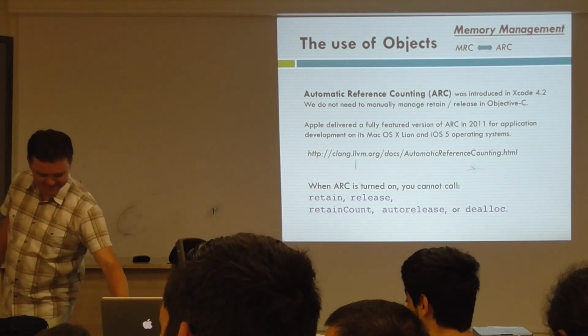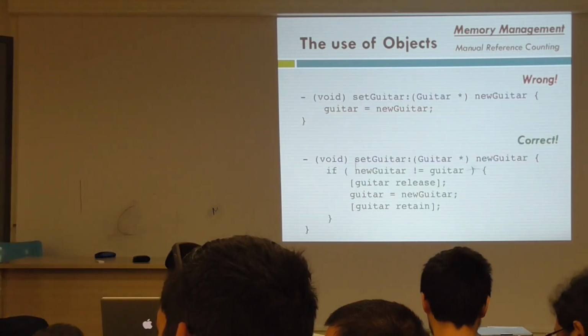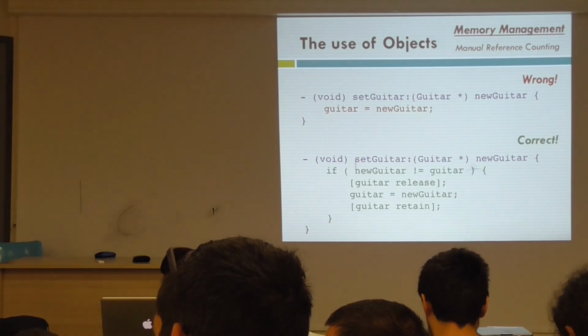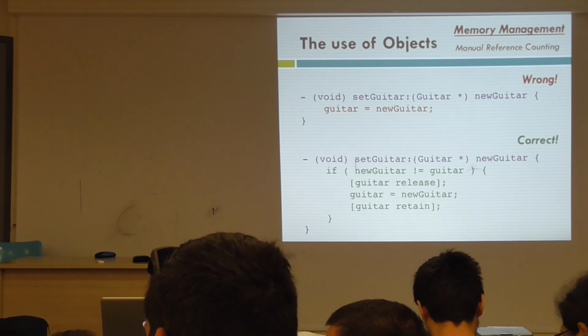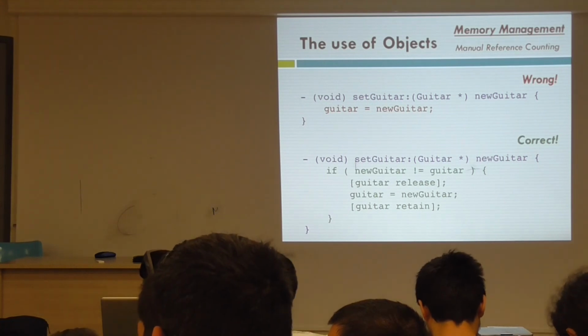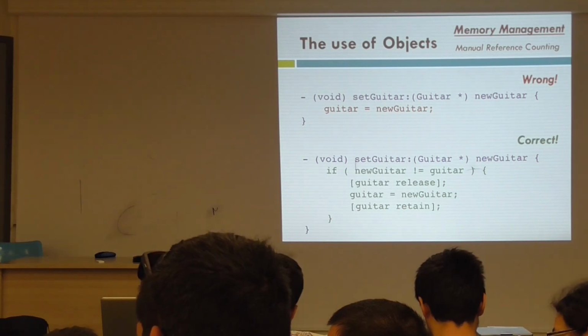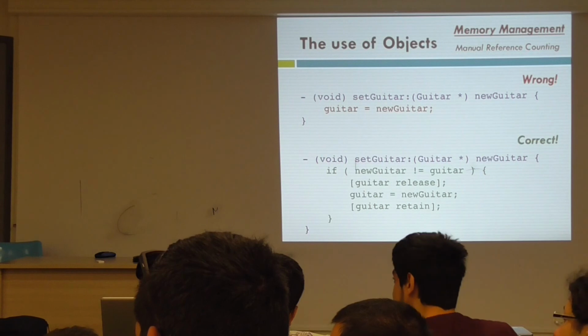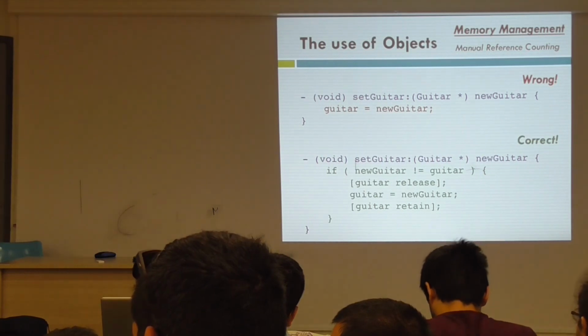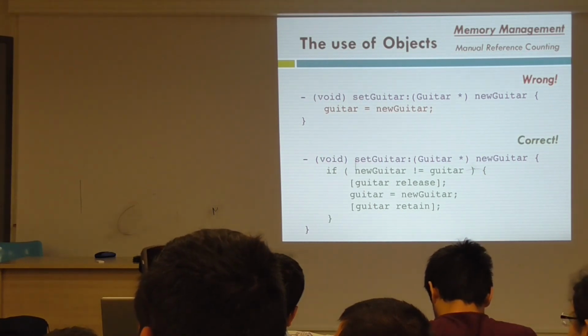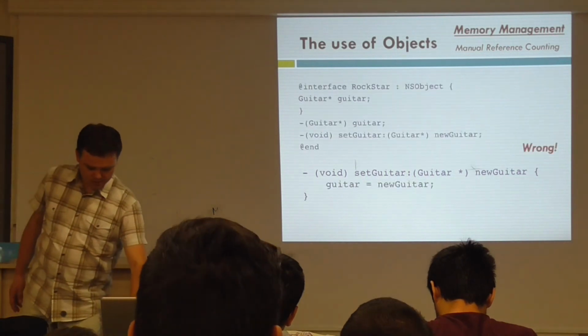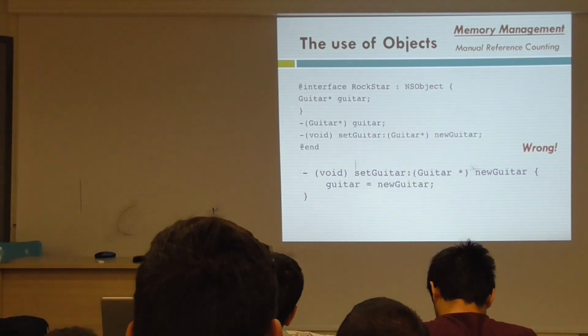When we said before that we called for a pointer to bring the object into this method, is that right? We created a pointer before. Guitar, we created a pointer before. The previous slide. This slide? Yes, guitar after guitar.